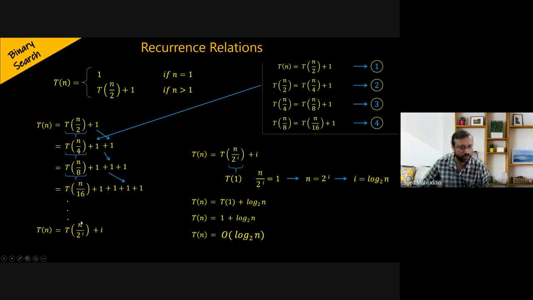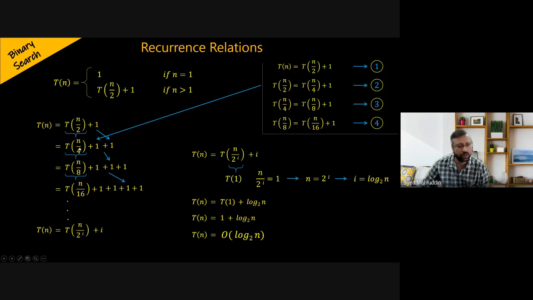So this has to be computed till when? Assume that it has to be computed till the ith time. If it is continued till the ith time, what do we get? First time is 2 power 0, which is the initial equation itself.